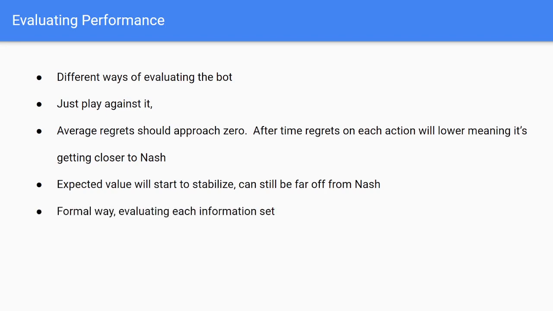Now, there's an actual formal way of evaluating a bot's performance. It involves going through each individual information set and then seeing how strong its strategy is against every other possible combination. I haven't really looked into doing this, so I'm not quite sure how to do this.